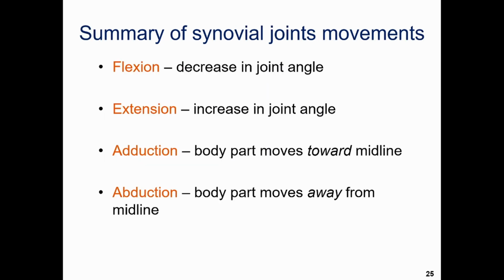When we look at some of the explanations of how we move about these joints, there's some terminology we do want to be familiar with. Flexion, extension, adduction, and abduction are just a few of these. Flexion is when we decrease the angle at the joint. So if we focus at the elbow again, when you have your arm straight out, your arm is extended. The joint angle across your elbow is 180 degrees, right?